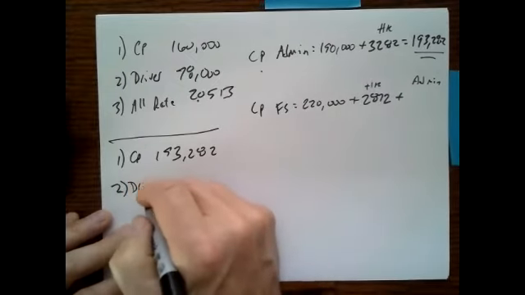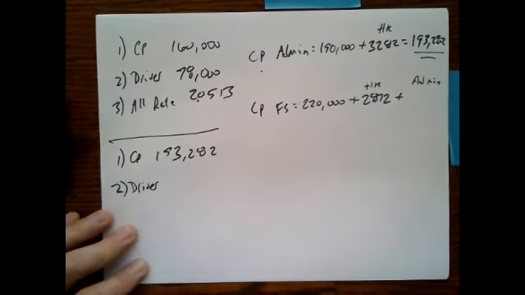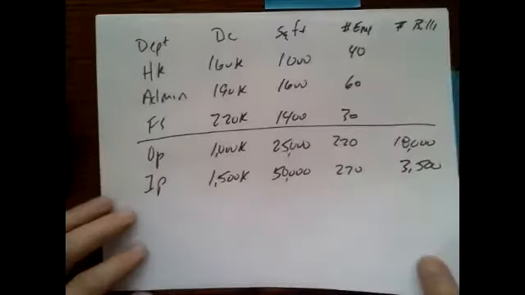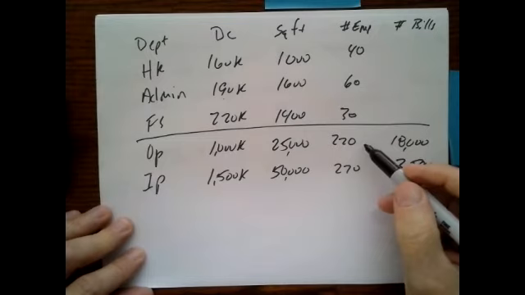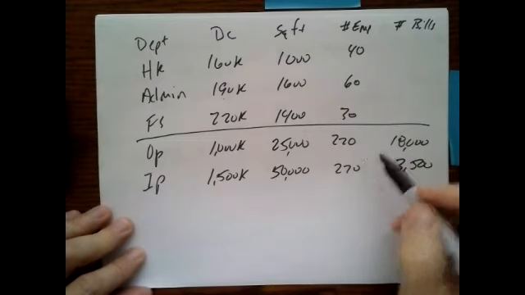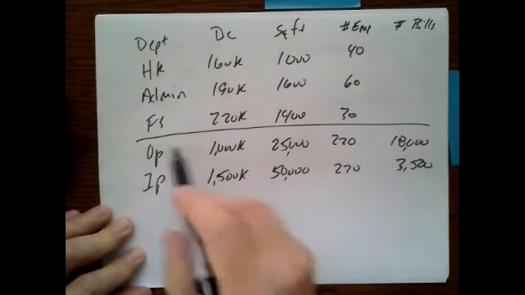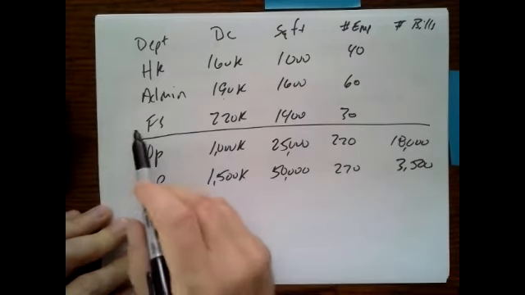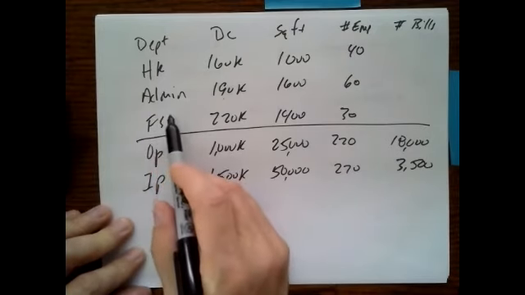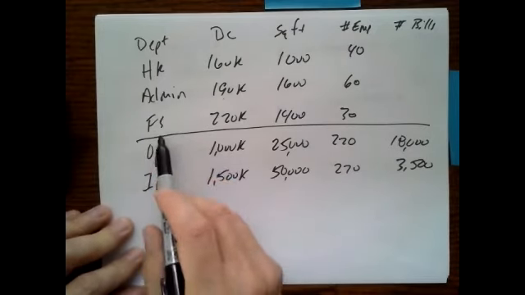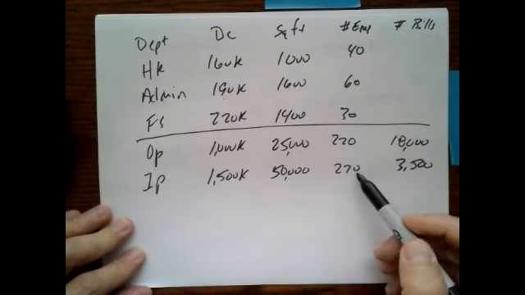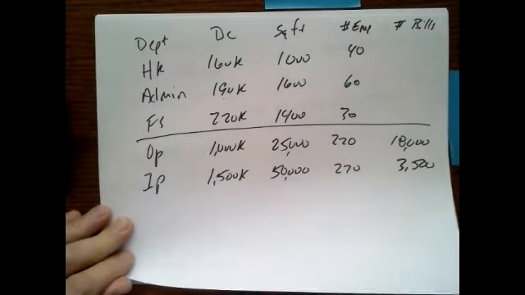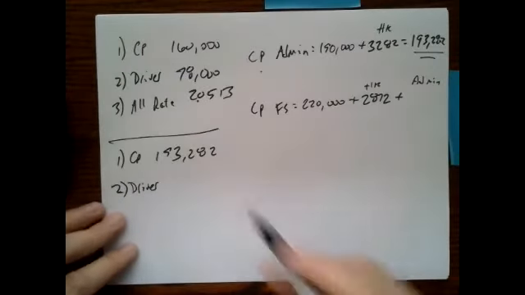The driver for admin is going to be number of employees. Now, remember, if we were doing direct, we would just look at the number of employees in the profit centers, but because we're doing step-down, we're going to include all the departments that come in the step-down order below admin. So that's going to be financial services, outpatient, and inpatient. So we've got 220 plus 270 plus 30, that's 520 employees.